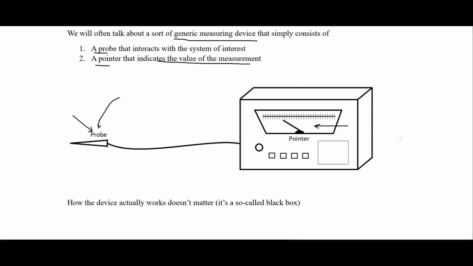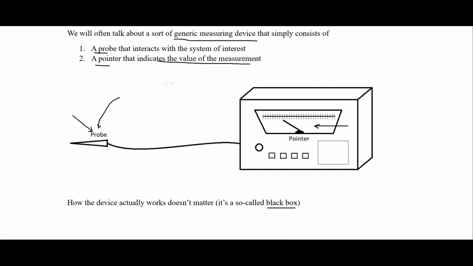And so we can think of this as just sort of a black box here. So when we are sort of talking about this generic measuring device, it doesn't matter how it actually works, because we want it to just sort of encompass any kind of measurement device that you could think of when you are testing physical theories.